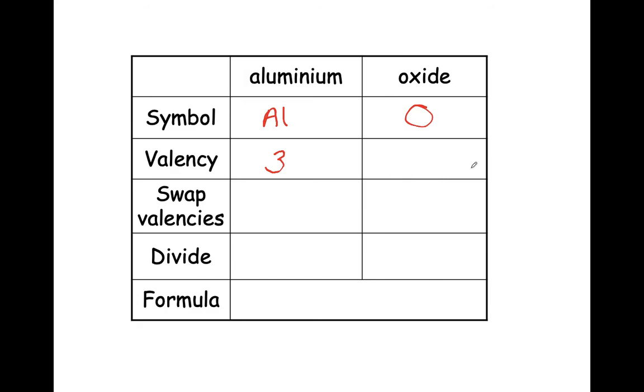Oxygen is in group 6, its valency is 2. If we swap these valencies over, as we have done in the past, our 2 comes here and our 3 goes down here. These numbers cannot be made any smaller by dividing. Therefore, it remains 2 and 3. Our formula then will be Al2O3.